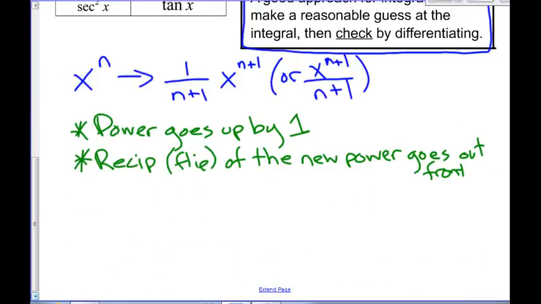So, for example, if you had x to the 3, it would anti-differentiate into power goes up by 1, flip of the new power goes out front.